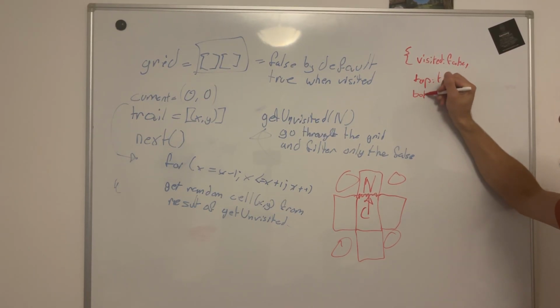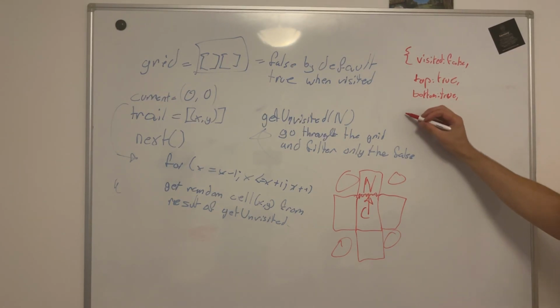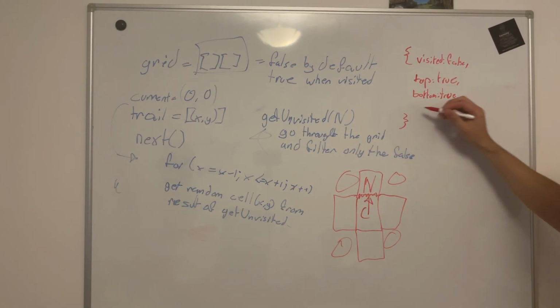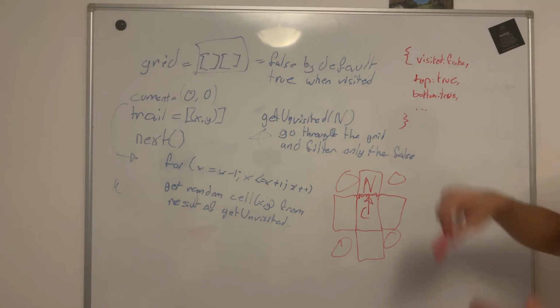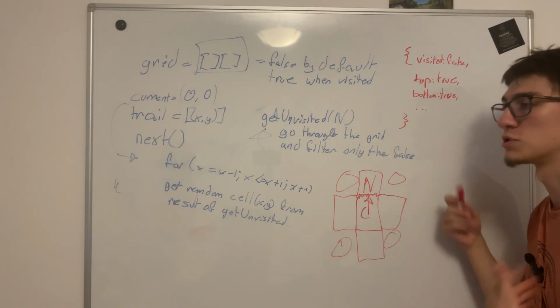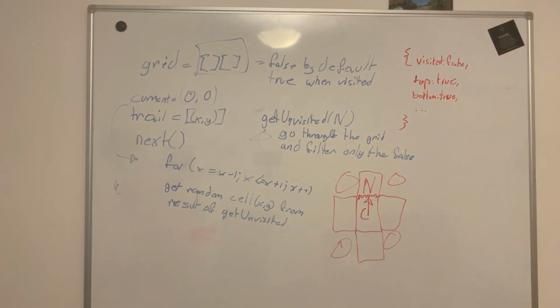Bottom true, so on and so forth, right? So let's do that, but not remove the walls to begin with, and we'll remove the walls at the end, let's say. Okay, so let's try this.